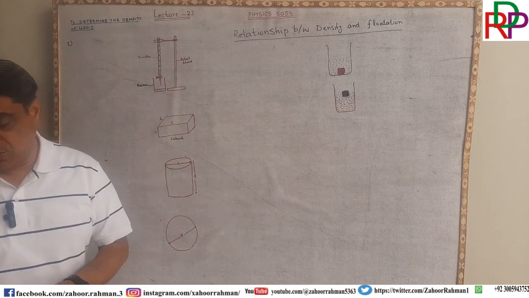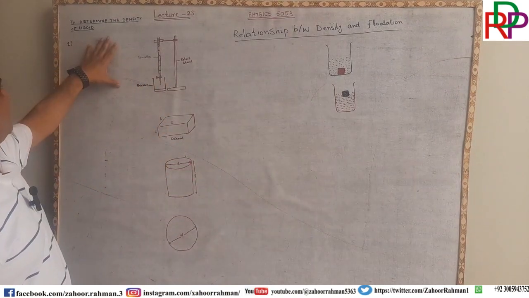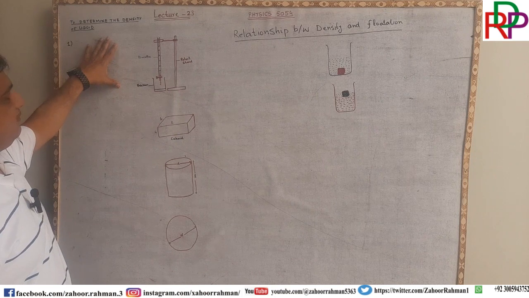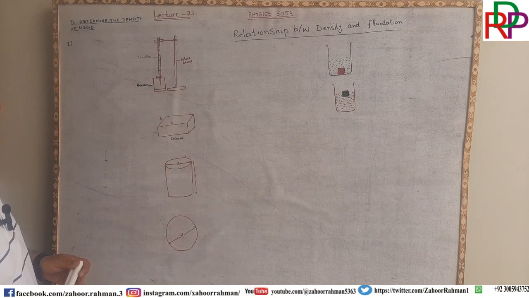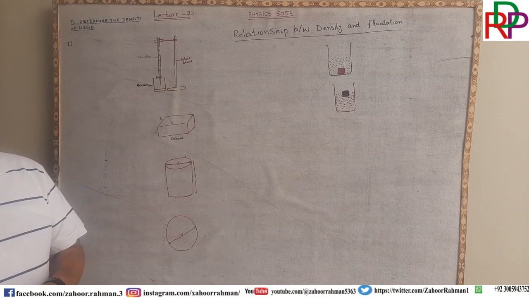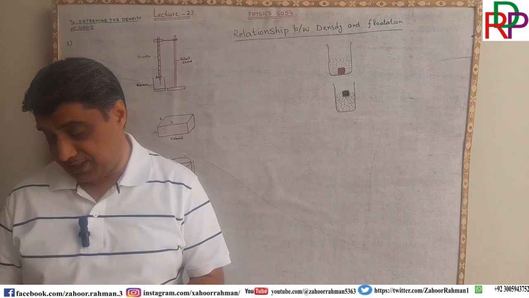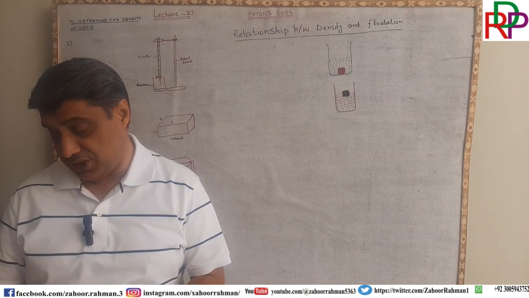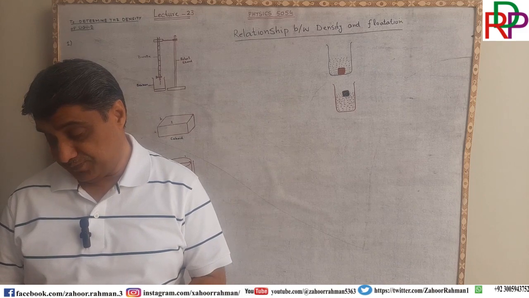If you want to find this, this is an experiment given on page number 61 of your book, and the heading of this experiment is to determine the density of a liquid.